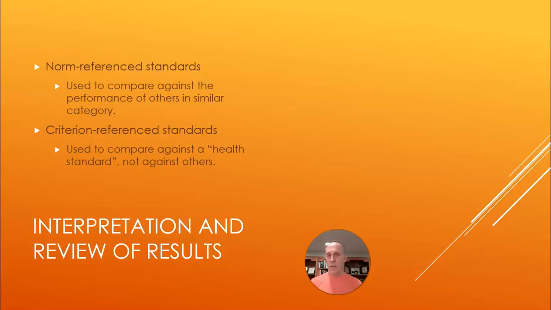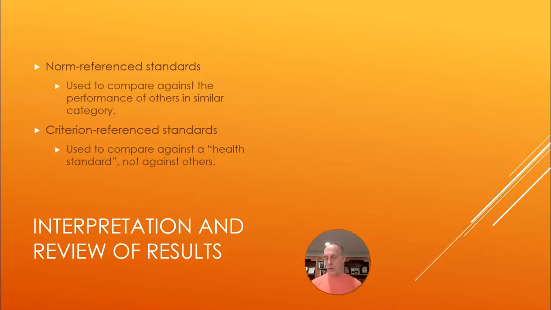Criterion reference standards, put your fingers in quotes here, are used to compare against a health standard. And the health standard might be from research data that's presented to give norms for a Rockport walking test or another type of fitness test.